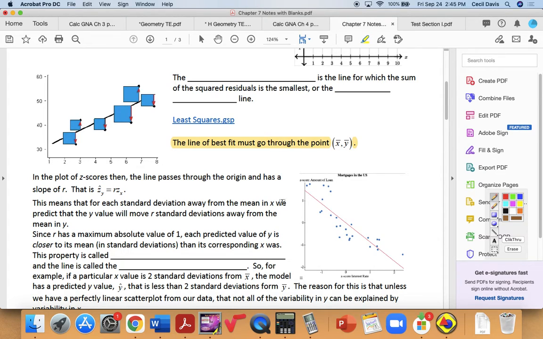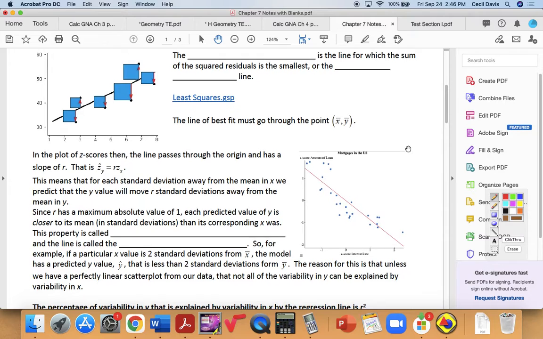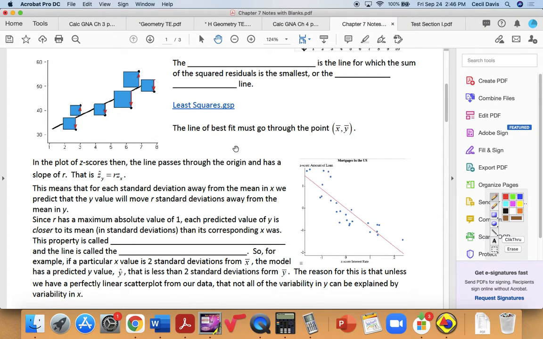So, how do they come about this? Well, I'm going to go through a lot of the background information, and then we're actually going to talk about how it is that you could get this line of best fit. So, first of all, notice on this, if we were to do the z-scores of all of these points, what is it that a z-score measures?